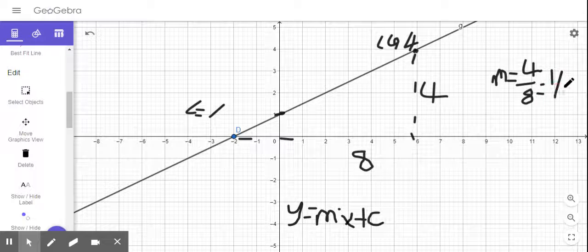So that's our gradient. Now next, I'm going to show you how to find the midpoint. The midpoint will be represented by capital M. And the midpoint is basically half of the sum of x and half of the sum of y. So if this is 4 units, I'll come here, 1, 2 units. So I know that the midpoint of that line will be on this line right here.